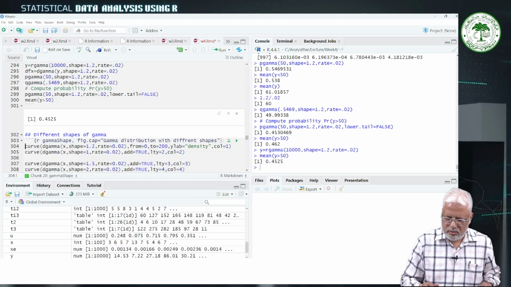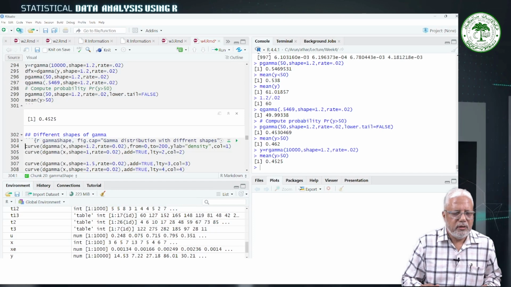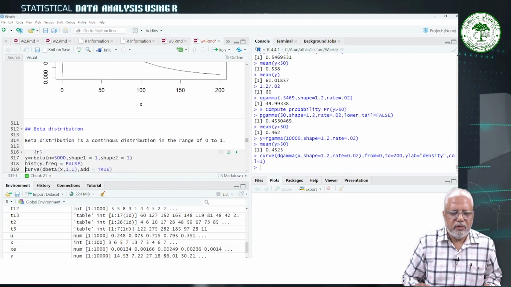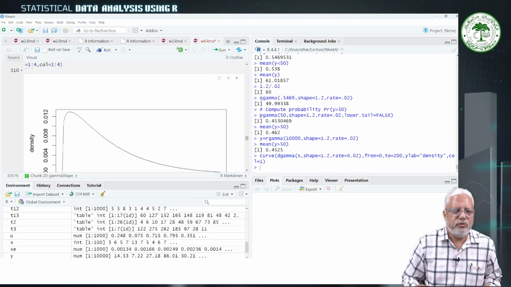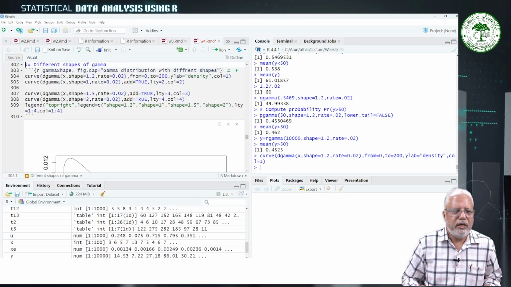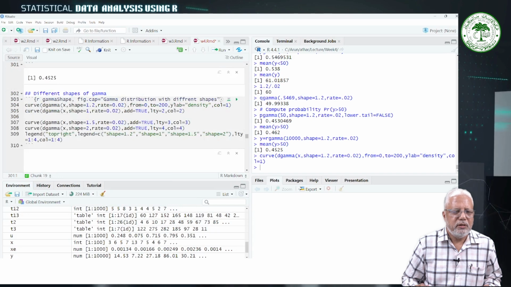So this will generate a plot. So this is the gamma distribution with shape is equal to 1.2 and rate is equal to 0.02.